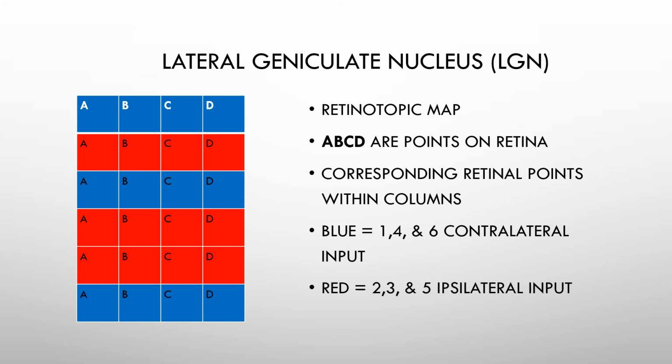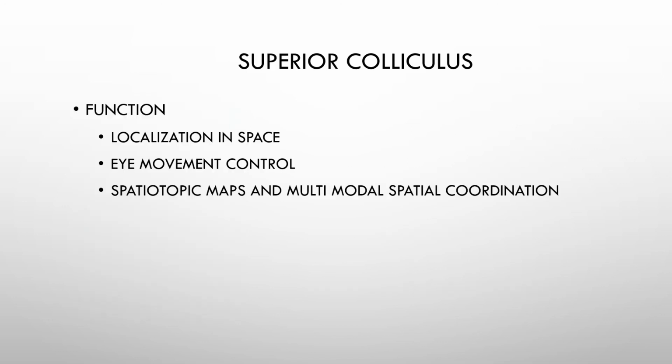And the red, rows 2, 3, and 5, is the ipsilateral input, or the input from the ipsilateral eye, the eye on the same side of the brain. And again, those are amazingly, due to an amazing feat during our neural development, those are shuffled together perfectly so that they match up, and we can have these corresponding points from the retina matching up and meeting each other in the lateral geniculate nucleus.